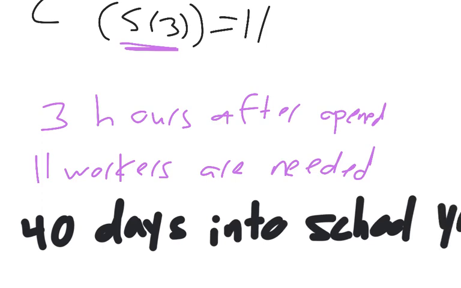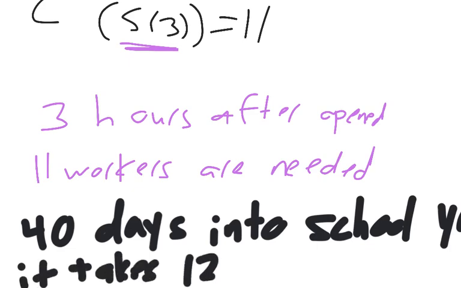And then the output is all the way out to T. T represents the time it takes in minutes to complete the homework problems. So 40 days into the school year, it takes 128 minutes to finish homework.